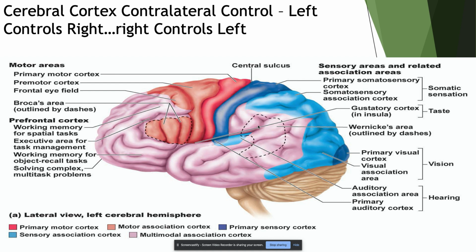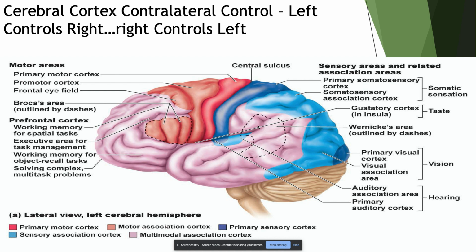This endows spatial discrimination, or rather allows you to interpret what body region is being stimulated. The somatosensory association area, which lies posterior to the primary somatosensory cortex, integrates and analyzes the somatic sensory inputs from the primary somatosensory cortex and memories of previous experience to produce an understanding about what's being felt. This also allows you to recognize cold, flat, round things in your pocket, such as a quarter.